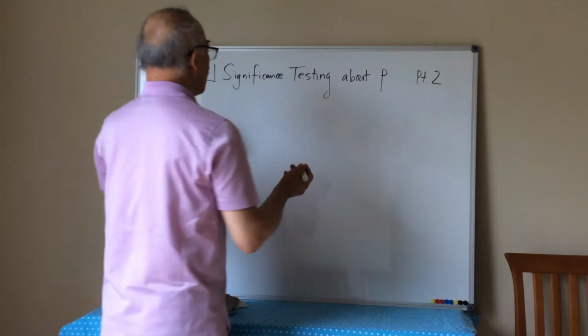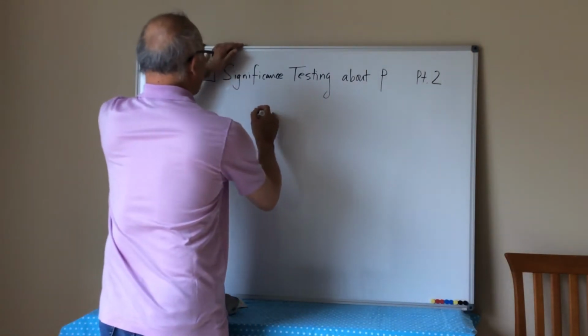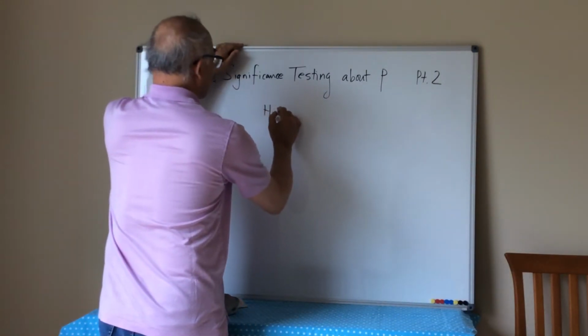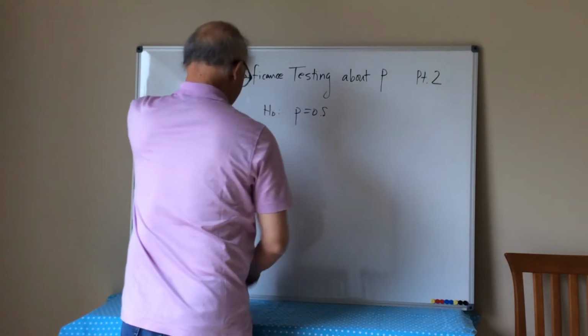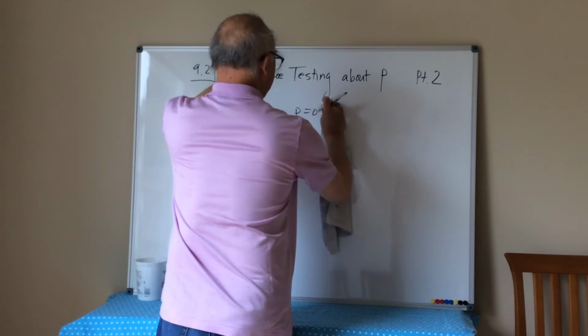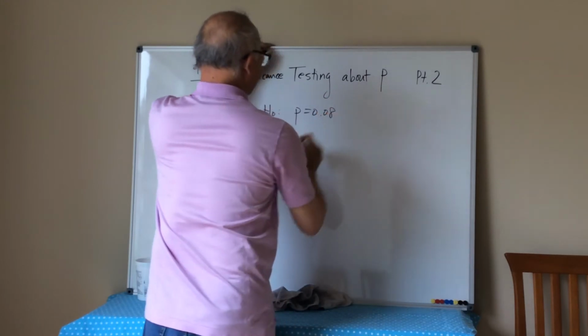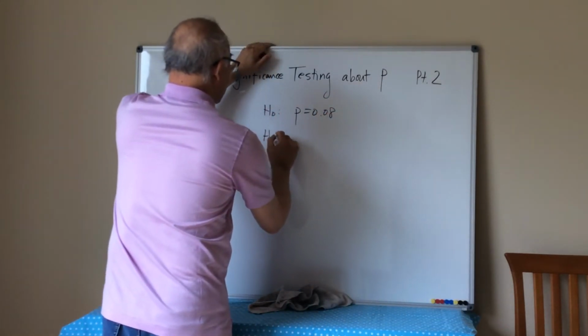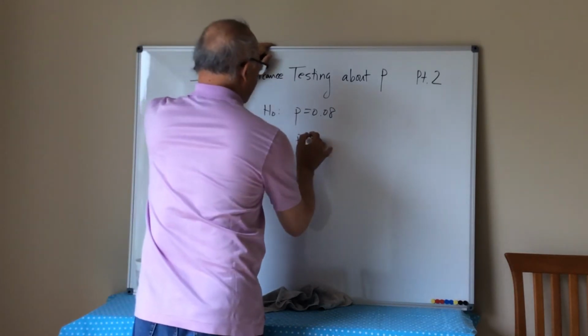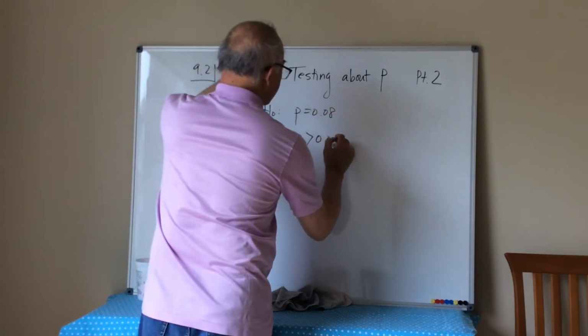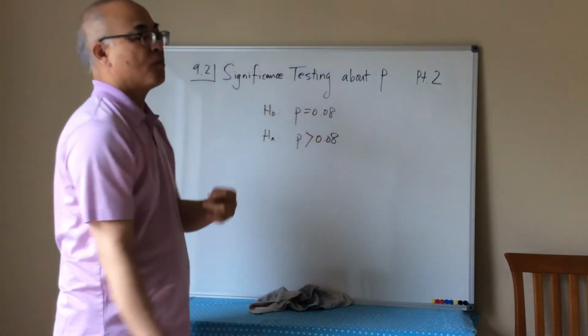The H0 is that p is equal to 8%. The Ha is what we're trying to prove: that there's more than 8%.